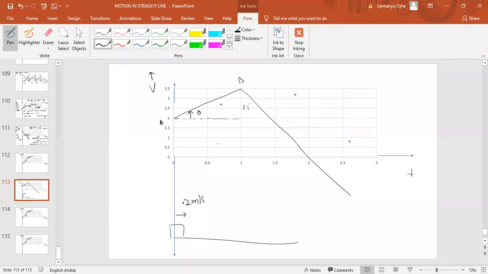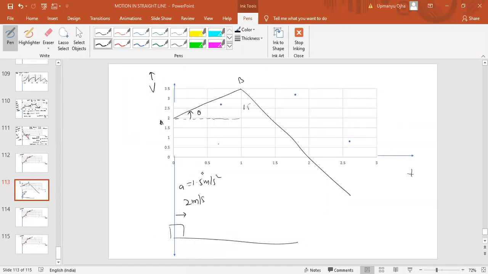So acceleration is 1.5 meter per second square. So at t equal to 0, the velocity is 2 meter per second and the acceleration is 1.5 meter per second square. In which direction should the acceleration be, plus or minus? Right side or left side? Right side, yes, because the velocity is increasing.